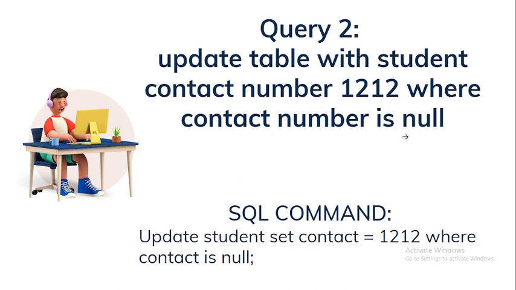As I told you, wherever we want to work with null, there will be only two cases: either we have to use IS or IS NOT. Here it is a case of IS. In the question it is clearly given: where the contact number is null. So wherever we get a null for the contact number, that will be replaced with the value 1212.